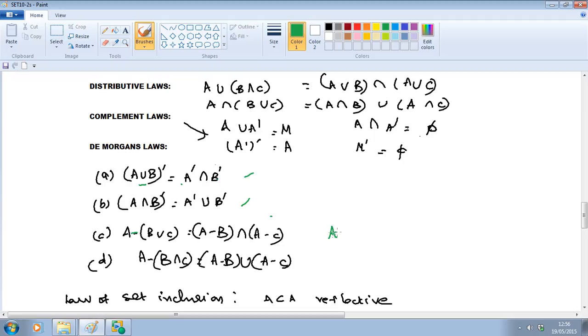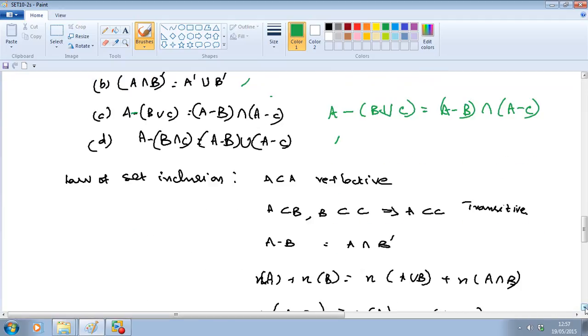A minus (B union C) is equal to (A minus B) intersection (A minus C). That way also we can write. It's the law of set inclusion we will see. So A is a subset of A. If A is a subset of B and B is a subset of C, then A is a subset of C. That's the meaning of this.